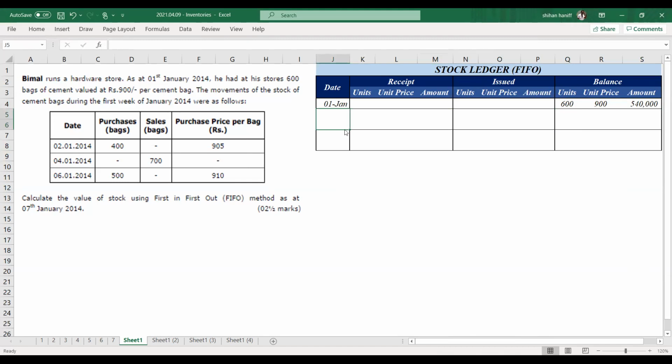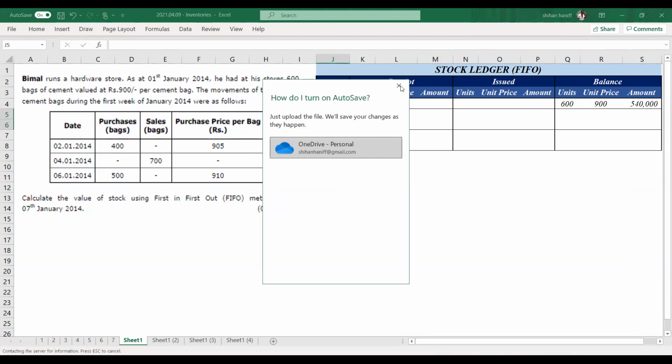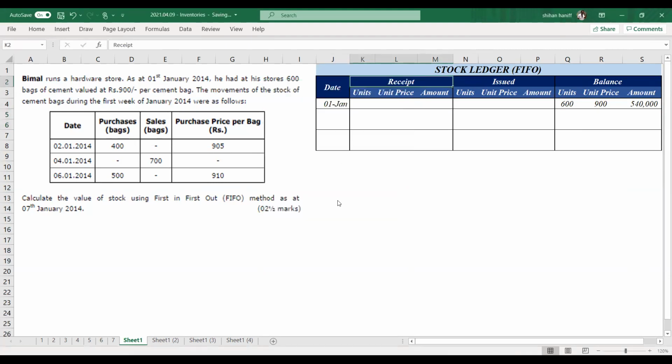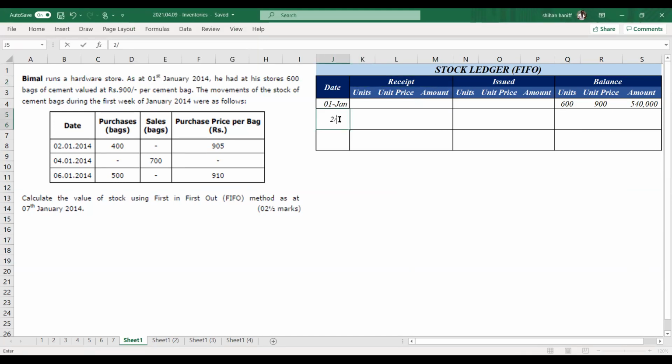Then what happens is 2nd of January. There is a receipt.